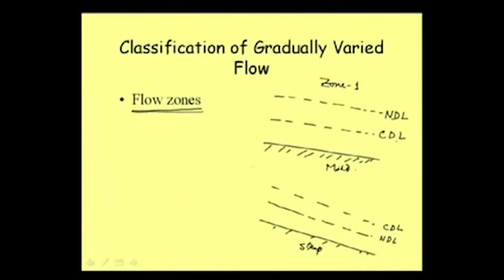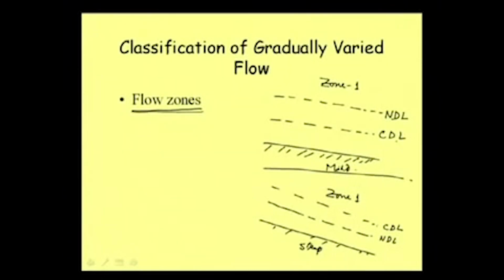Then for this steep slope channel, this will be zone 1. So, we should not confuse that zone 1 is the zone above NDL. This is not the statement actually. Zone 1 is the zone above either NDL or CDL, whichever is at the top. Okay.